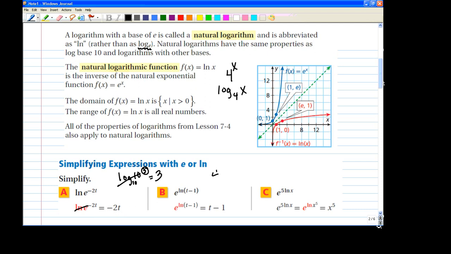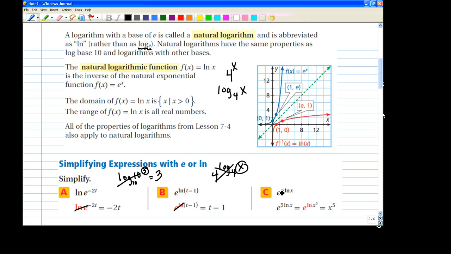Whenever we saw things like 4 to the exponent of log base 4 of x, we knew the 4 and the log base 4 basically canceled, and you were left with the x. Similar thing here. e to the log base e, or to the ln, cancels, and you're just left with the t minus 1.